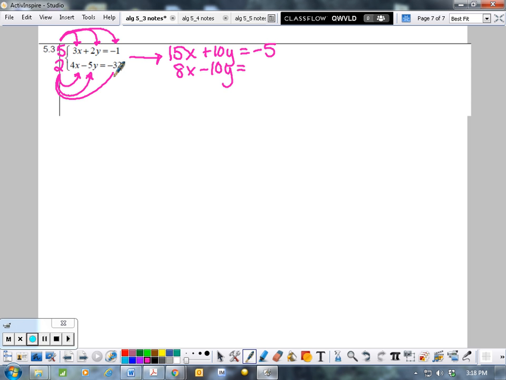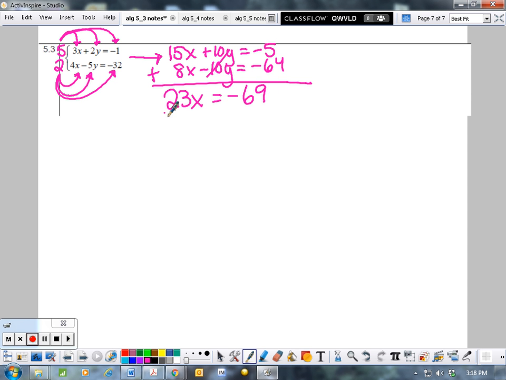And then 2 times negative 32 gives me negative 64. So now I add it together. 15x plus 8x gives me 23x. 10y minus 10y becomes 0, and that's equal to negative 5 plus negative 64, which is negative 69.